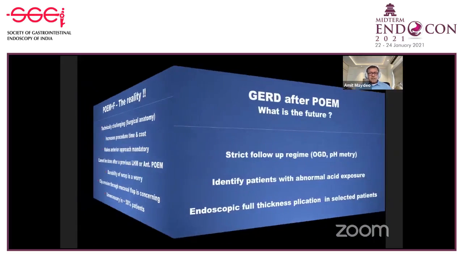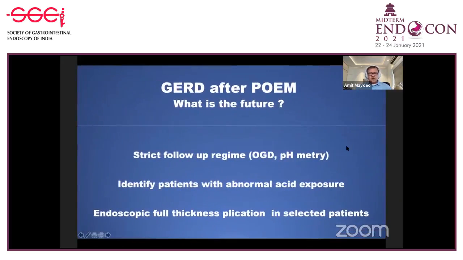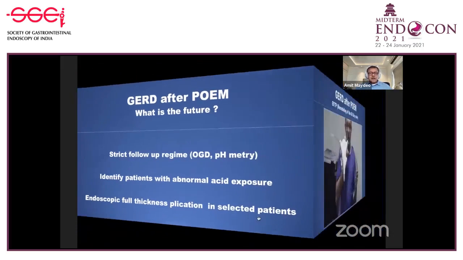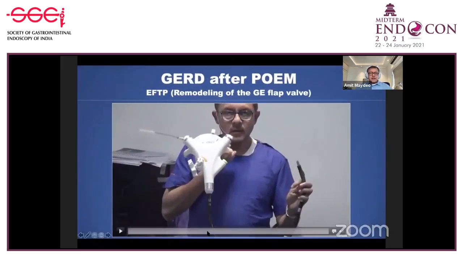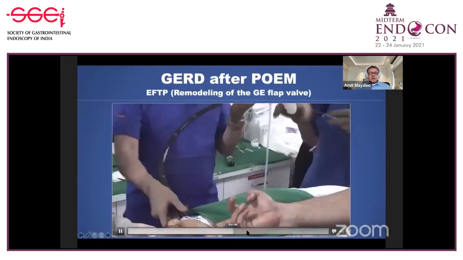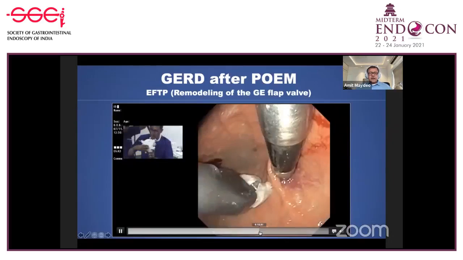So therefore, what is the future? According to me, the future is all patients, you go ahead, perform a posterior POEM, keep these patients on a strict follow-up regime with OGD scopy, pH-metry, identify those patients who have got abnormal acid exposure, and only those patients who develop abnormal acid exposure, we should go ahead and perform a more durable endoscopic full thickness plication by various other techniques. And one very important technique is this, and that is the Gerdex procedure or the endoscopic full thickness plication.